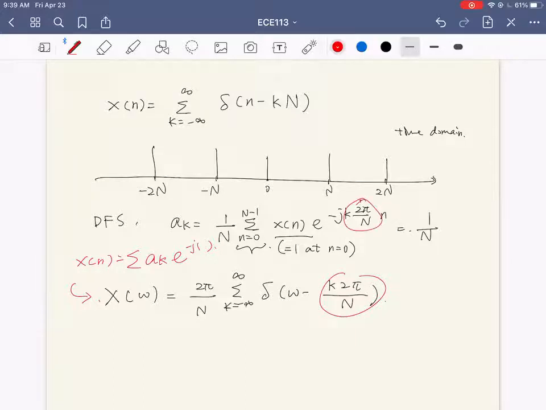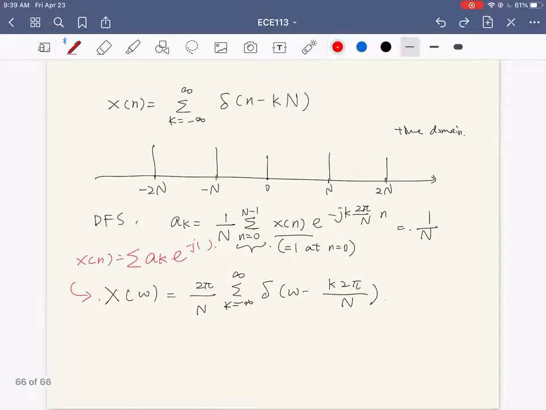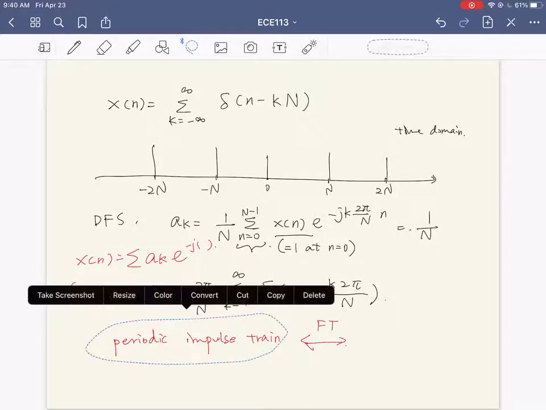Frequency shifting becomes an exponential part in the time domain. So a periodic impulse train will still be a periodic impulse train in the other domain.